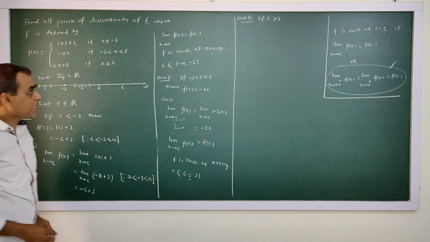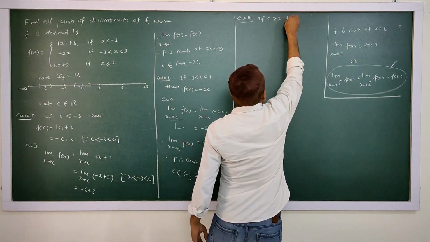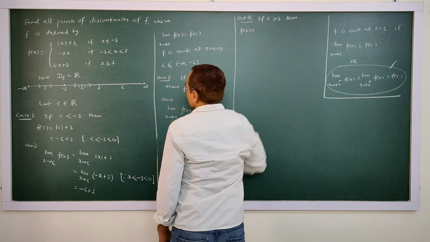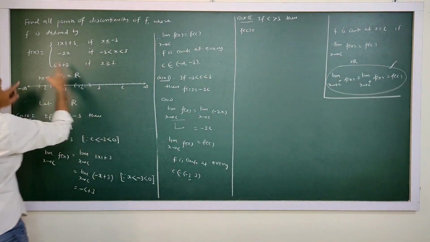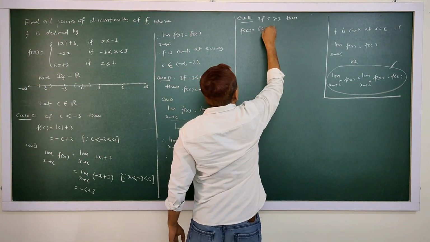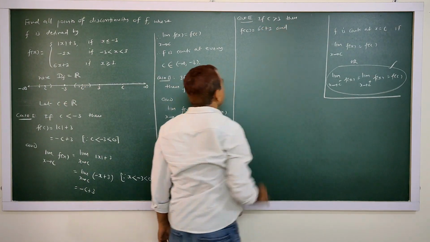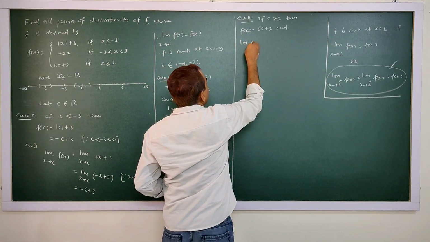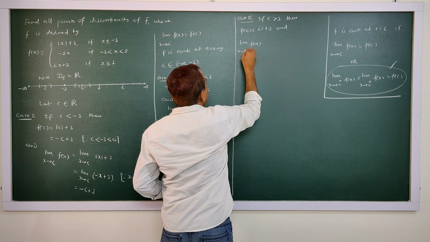So if c is more than 3, then f of c, when c is more than 3, is 6c plus 2. And now we find the limit. So limit of f(x), x tends to c.